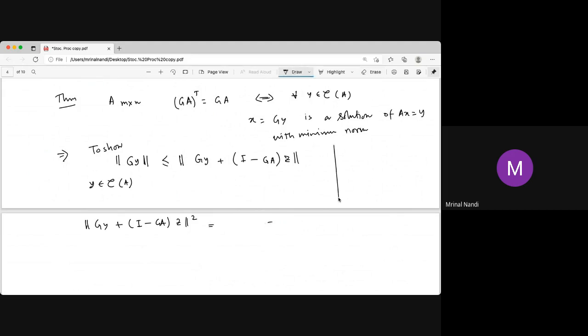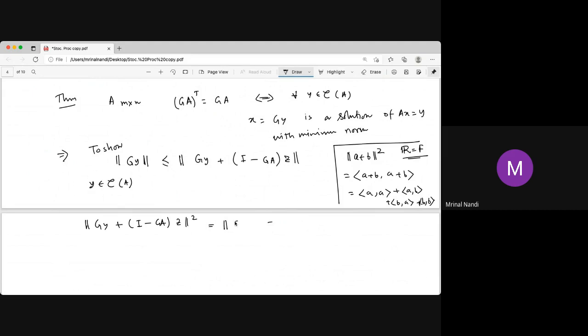We know the norm of A plus B vector squared is the inner product of A plus B and A plus B. Then this is the inner product of A A, then A B, then B A, then B B. The inner product of A A is norm of A square, B B is norm of B square, and A B and B A are the same, taking the field as real. Otherwise, if it is complex, it would be the conjugate. So it is twice the inner product A B. Here it is just a dot product.